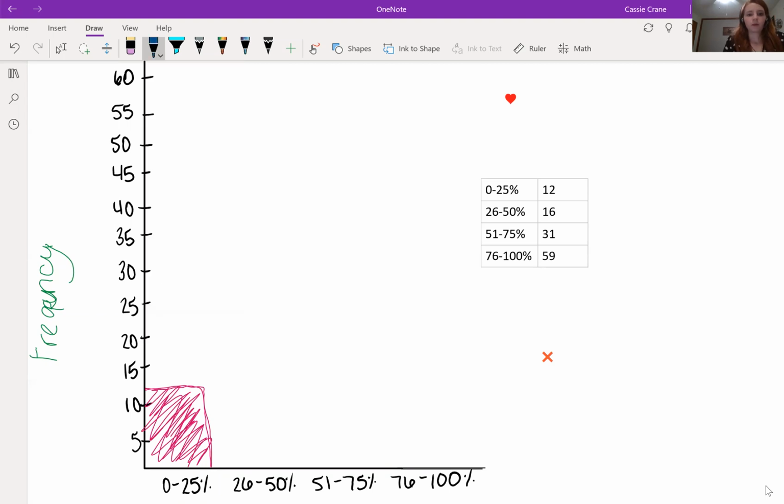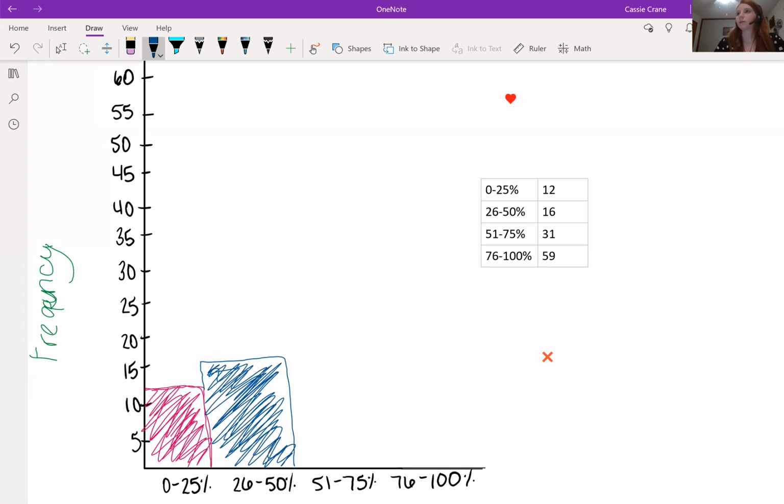Okay. Then my 26 to 50%, there were 16 people. So I'm going to go a little bit above 15 here for my next interval to make 16. Because I went by 5 so that I could fit more on my screen since my data went up pretty high. Okay, then the 51 to 75%, there were 31.